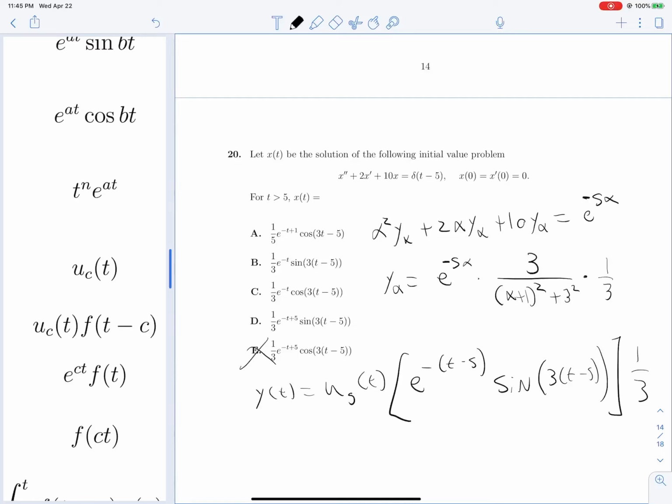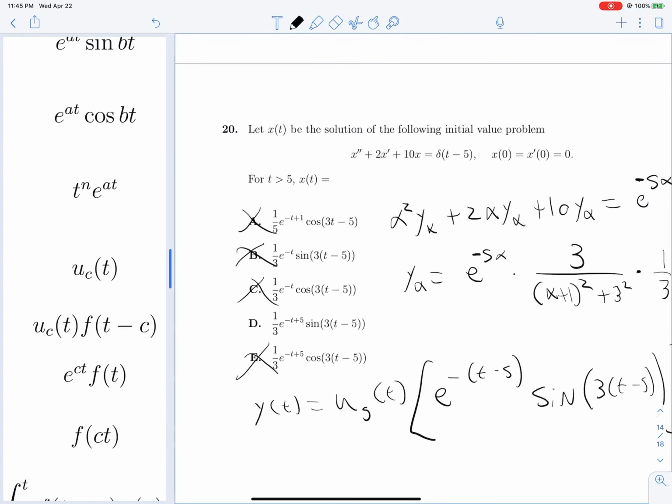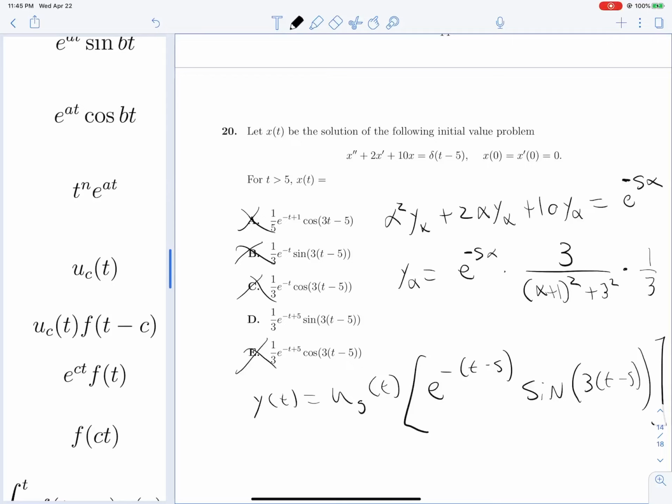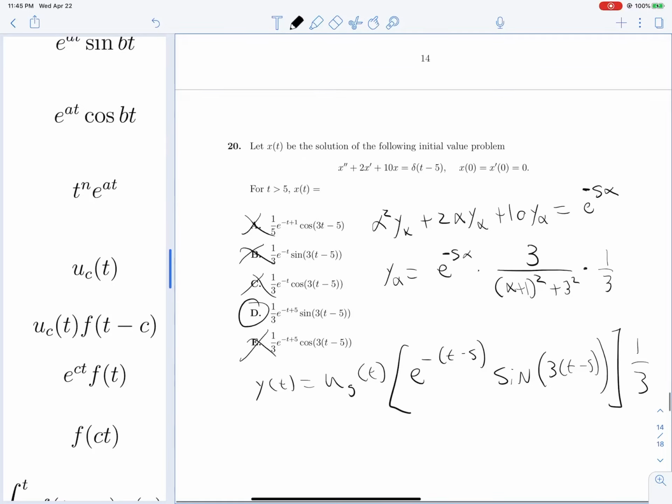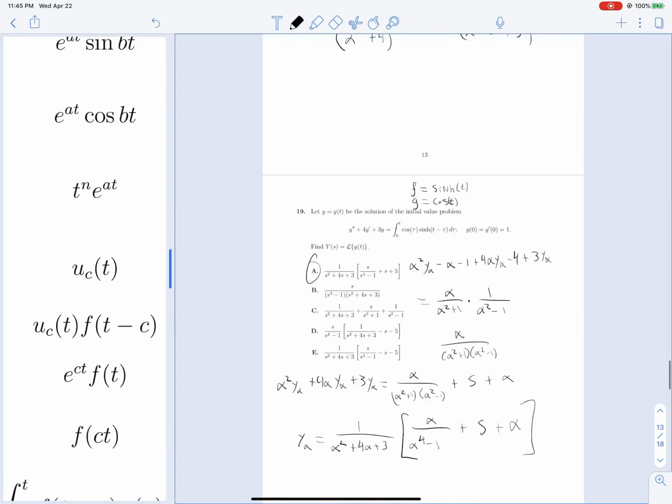So it's not a cosine. We can get rid of those three, and this answer choice forgot to replace that negative t with a negative t plus 5. So this answer choice D matches what we have exactly.